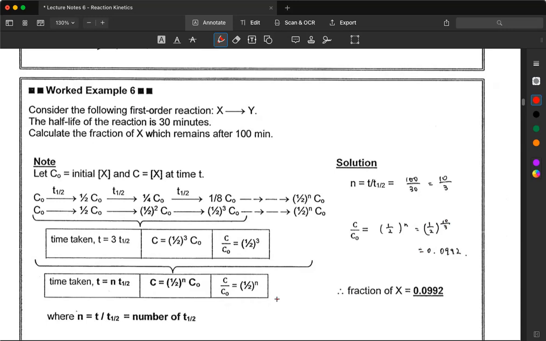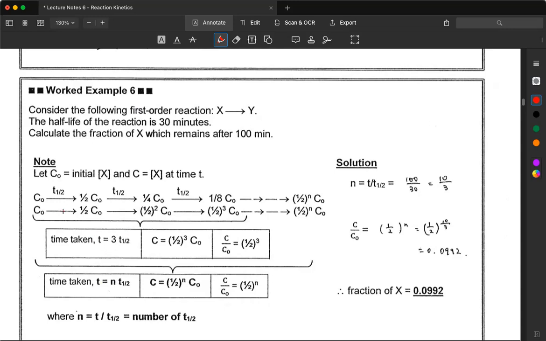Okay, let's take a look at this. So the time taken is equal to n half-lives.